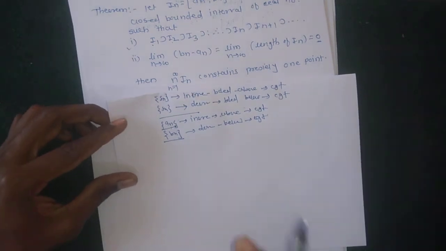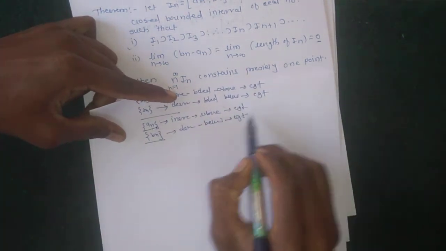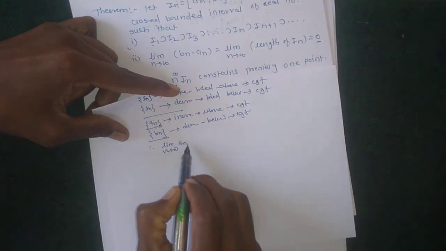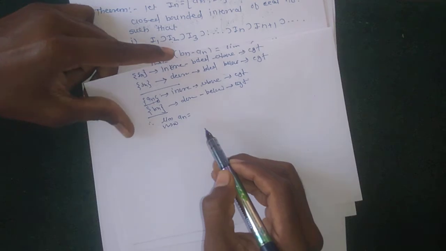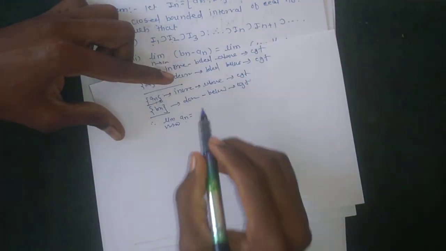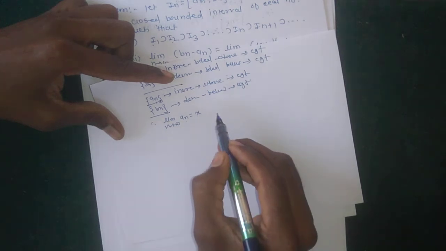So since sequence an is convergent, it has a limit, suppose x.